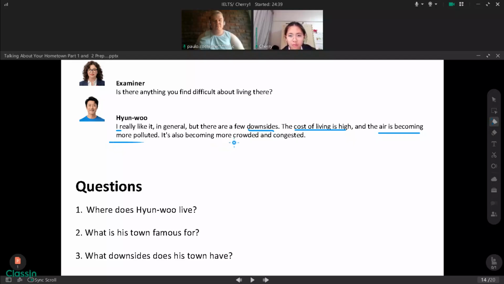It's also becoming more crowded and congested. Okay, so he says the downsides, the negative things about the city, are that the cost of living is high, the air is becoming more polluted, and it's becoming crowded and congested.